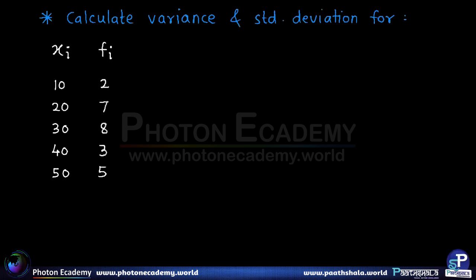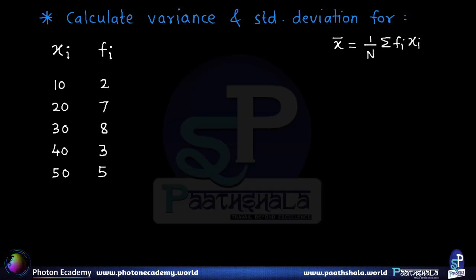Alright, so first of all, since we would need the mean, we know that mean is 1 upon n summation of fi xi, where n itself is summation of fi. So let us take the sum of the fi column, which turns out to be 25. Then we would need a column for the product fi xi.